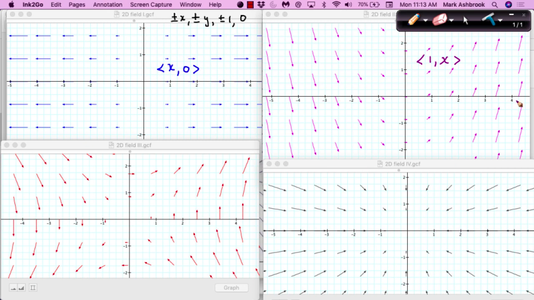And then when x is greater than 0, the y component is positive, and when it's less than 0, it's negative. So as you go further to the right, your y is growing more and more positive, and as you go more to the left, your y components get more and more negative. So that would indicate 1, x.